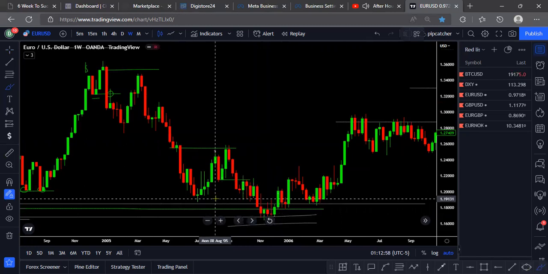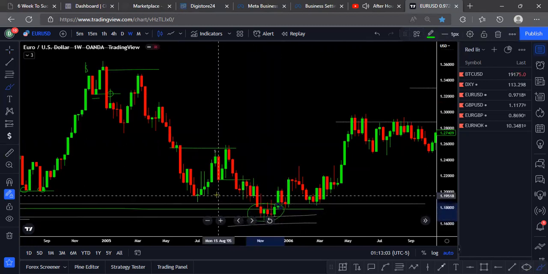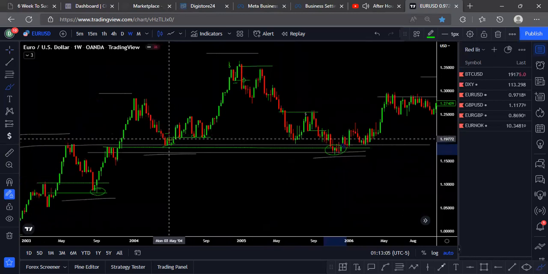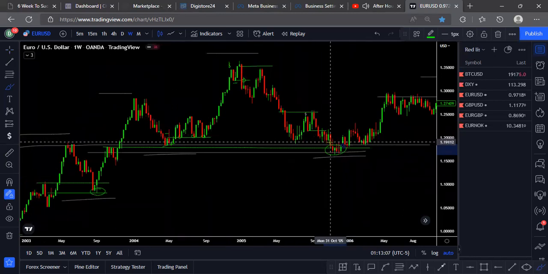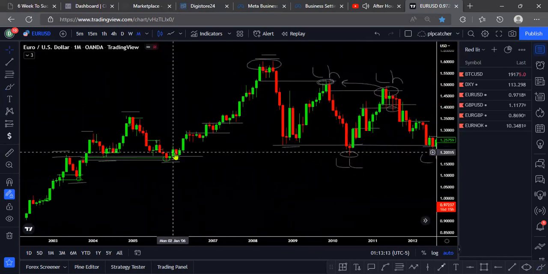Now we're down in that structure, that second, because remember this was the first one and this was the second rejection. Remember on the monthly here, we had one and then two.